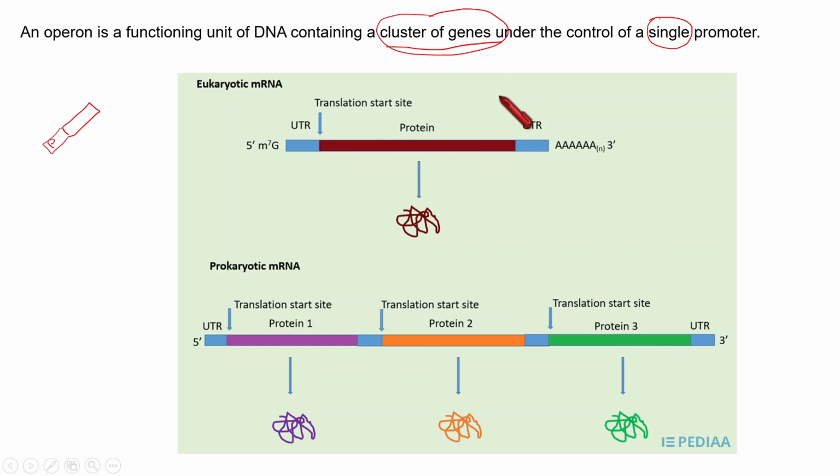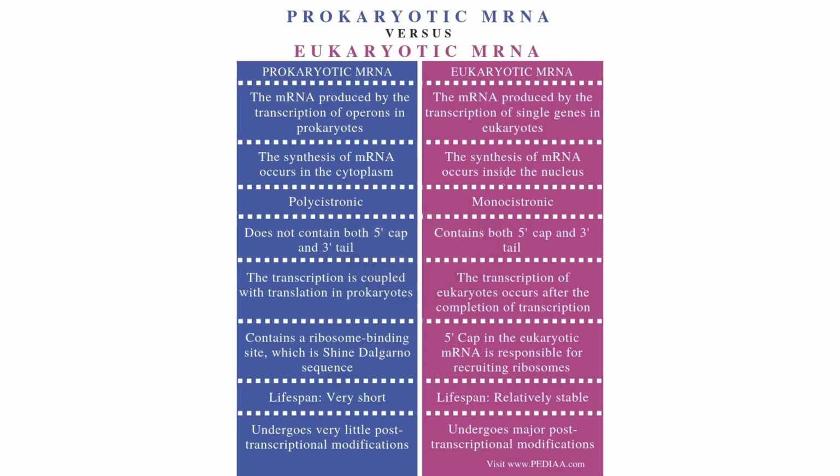Okay, that point is clear. And next, in the case of eukaryote, that mRNA is produced from a single gene. Next difference, the synthesis of mRNA occurs in cytoplasm because in prokaryote there is no nucleus. So its complete formation happens in cytoplasm itself.